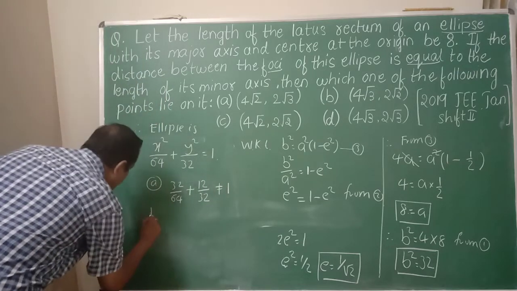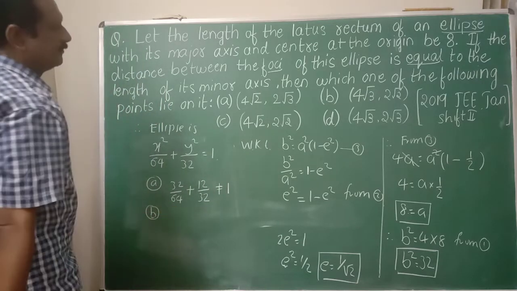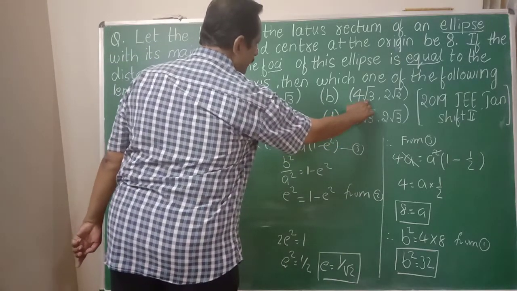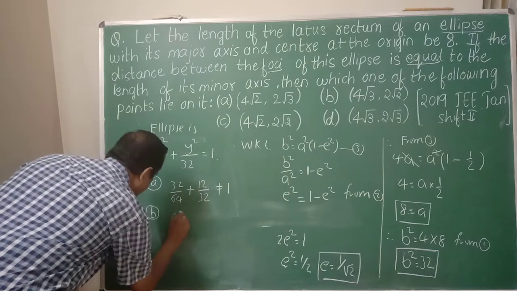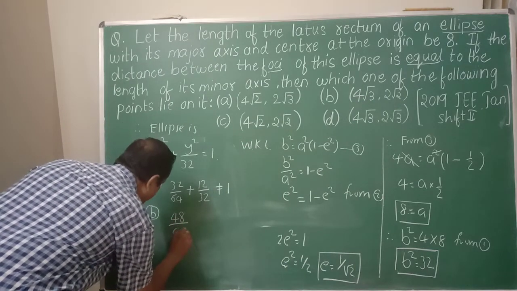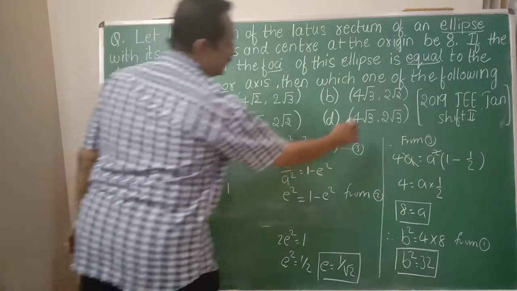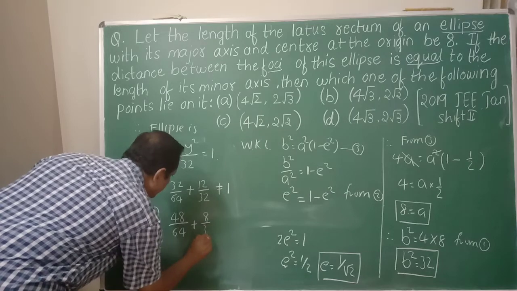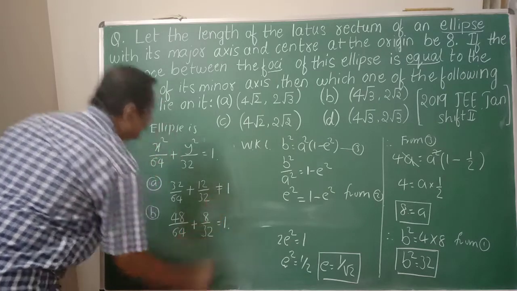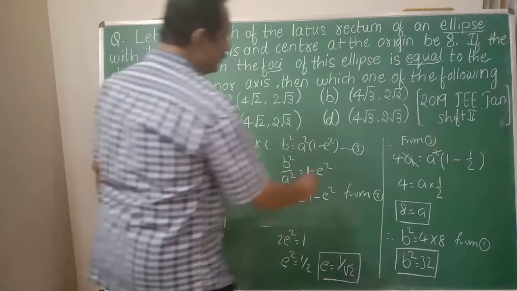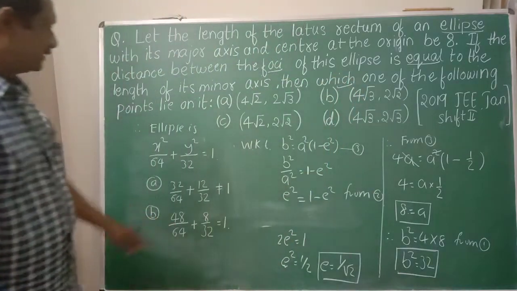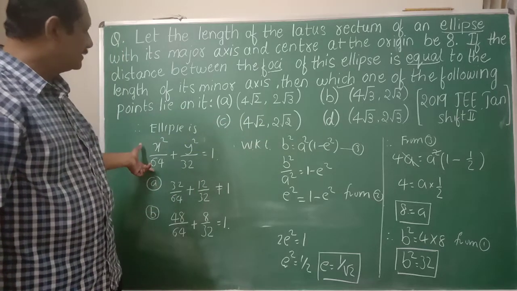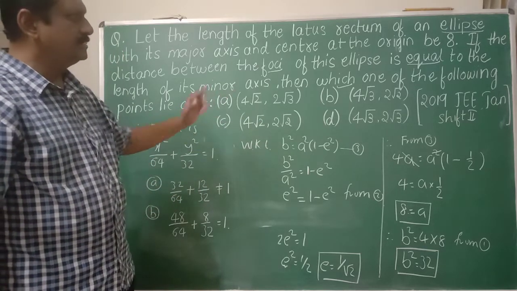Then take the second option: 4² is 16, 16 times 3 is 48, so 48 divided by 64 plus 8 divided by 32. It gives 1. Therefore the second option is correct. You can try the third and fourth ones too; the points do not satisfy. Therefore only B is the correct option.